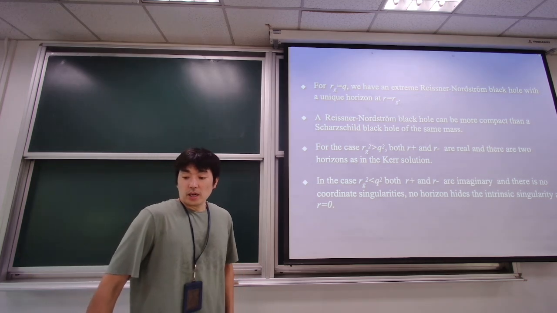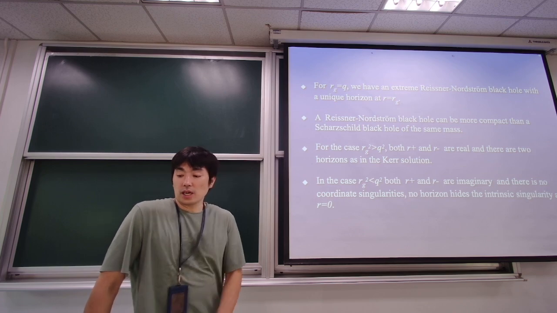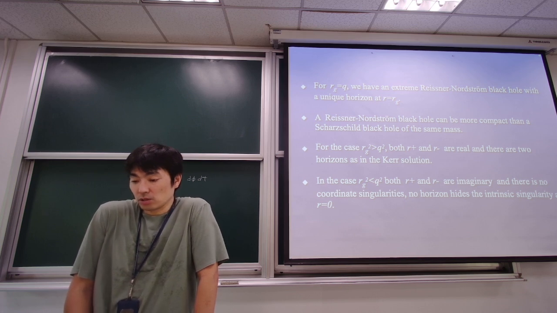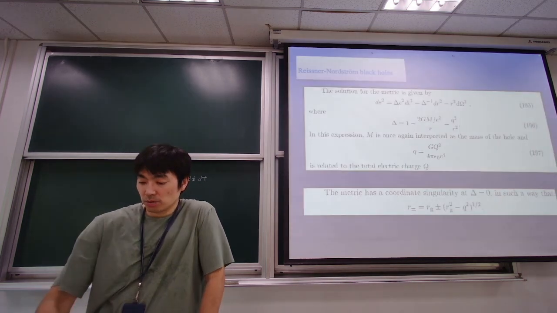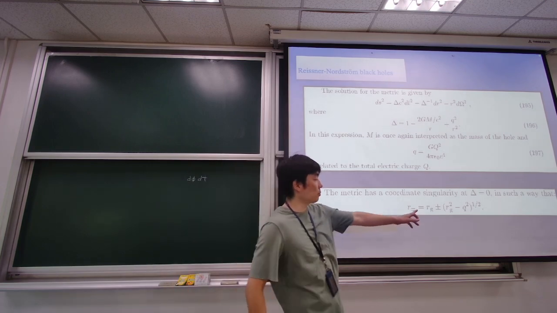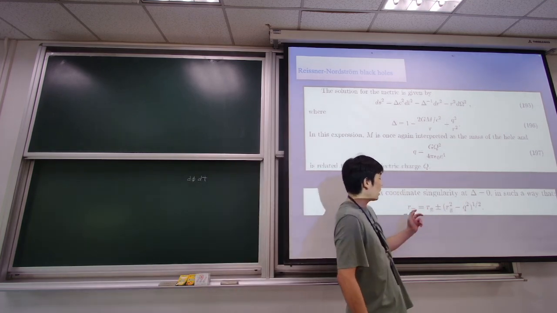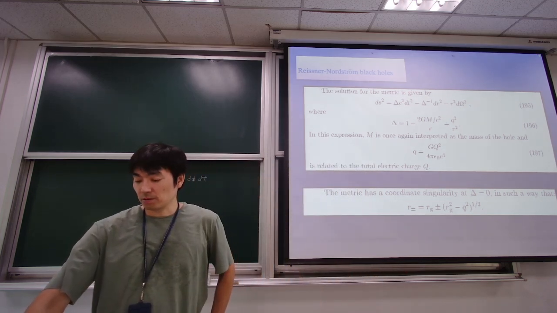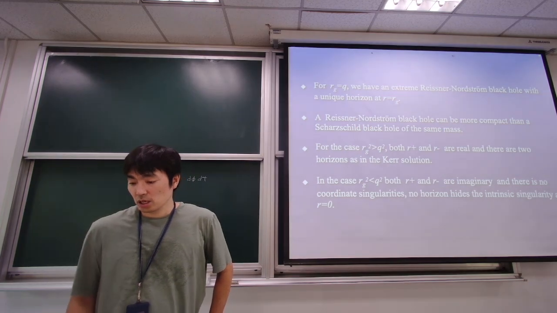When r_g is equal to Q, it is the extremal solution, where the outer and inner horizons meet, so this part becomes 0. Therefore, the outer and inner horizons coincide for this extremal case.